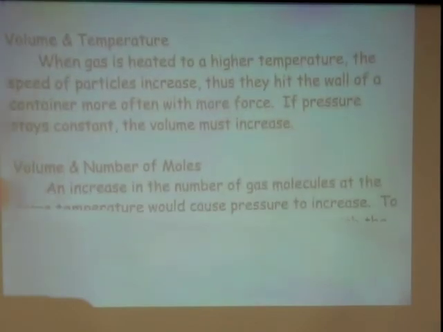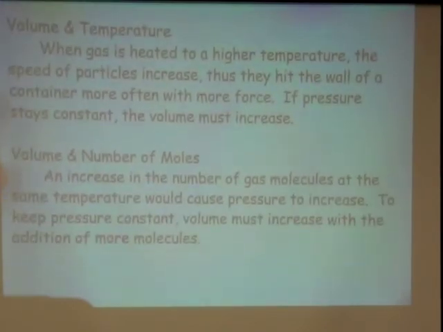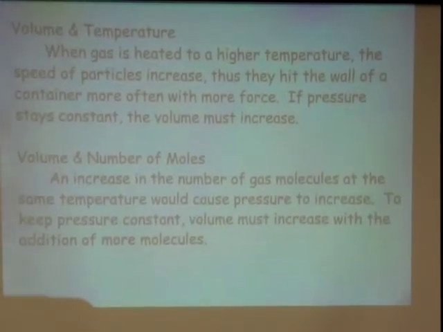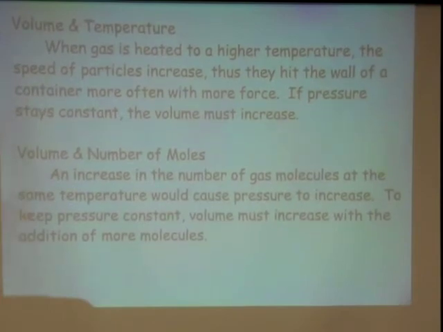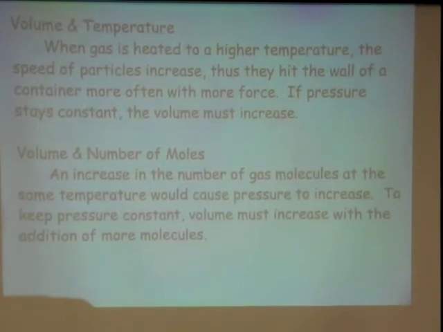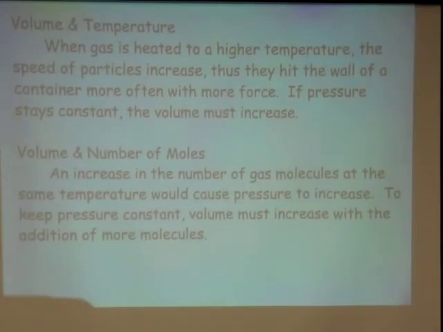Volume and number of moles. So if we increase the number of gas molecules at the same temperature, it will cause the pressure to increase. Okay, so if we're in a situation where the pressure is kept constant, again, you guys, we're in a flexible container.